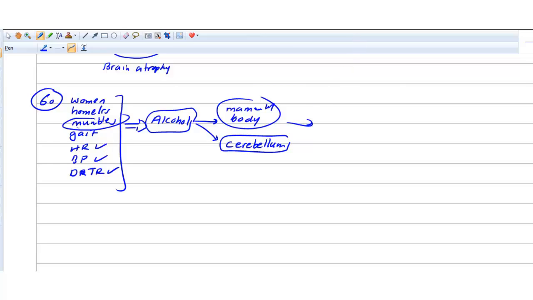What do the mumbles mean? Confabulation, and the ataxia is the gait problem, and this is the memory problem. So that's it, this is alcohol. I don't think alcohol is a big deal, you'll easily get it.